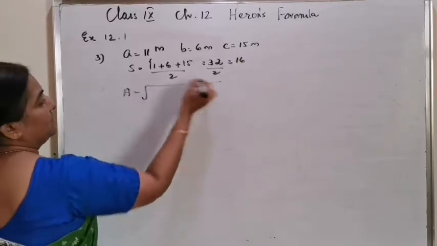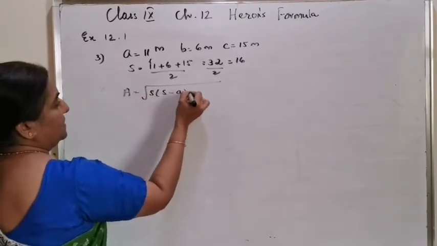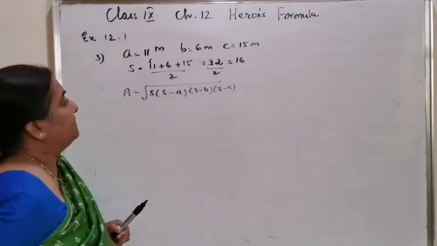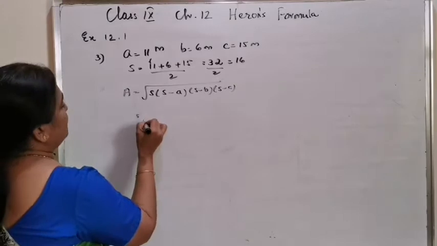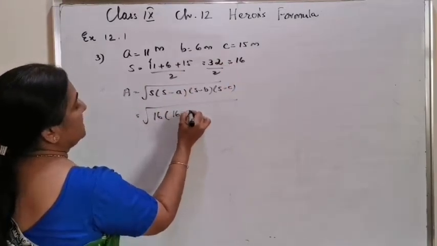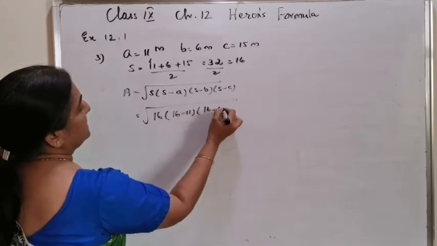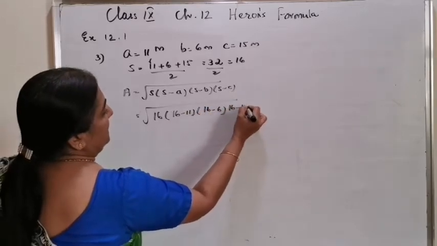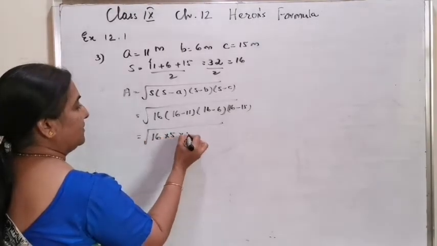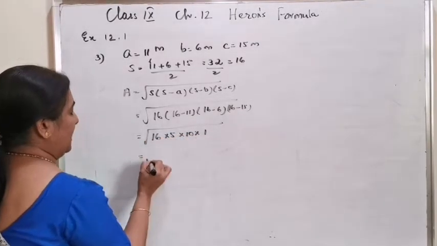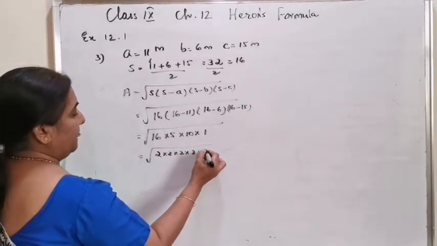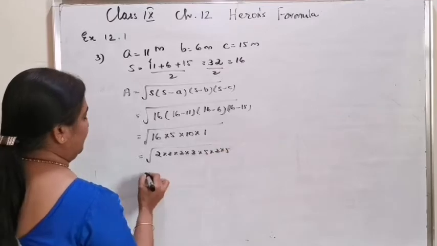Area is equal to square root of S into S minus A, S minus B and S minus C. That is the same as square root of 16 into 16 minus 11, 16 minus 6, 16 minus 15, square root of 16 into 5 into 10 into 1. 16 is 2 into 2 into 2 into 2, 10 is 2 into 5.